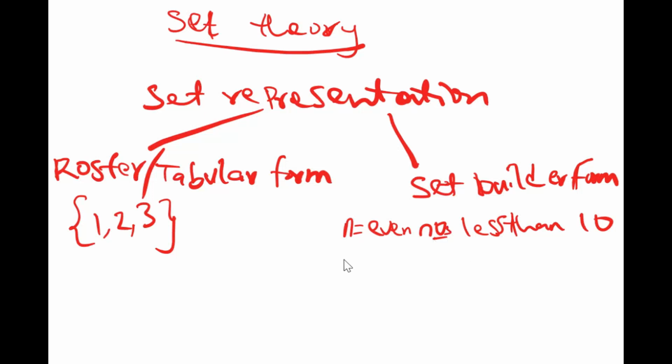So I have N now. I can represent my N in this form: let's say {x : x is an even number less than 10}, and close it with a curly bracket as well. So this is what we mean by builder form, builder representation.